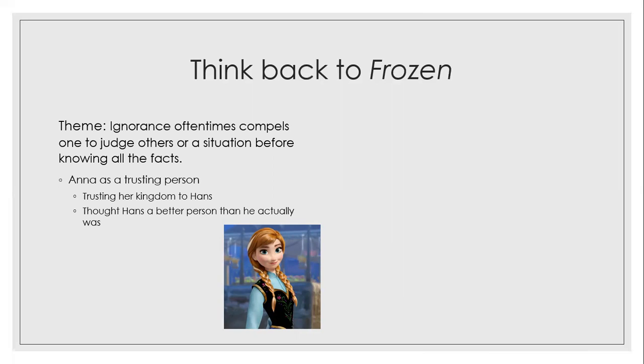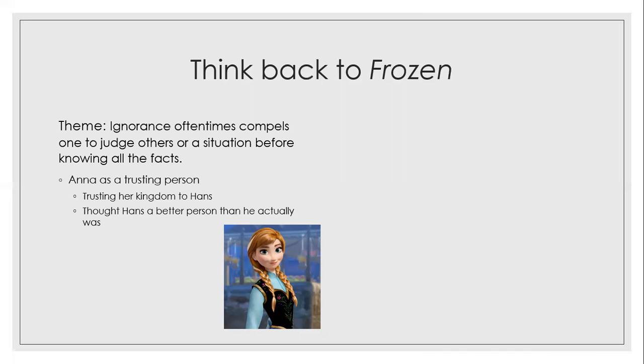So Anna misjudged Hans by thinking he was a better person than he actually was. He had an ulterior motive for why he wanted to marry Anna and why he was so willing to just jump right into this marriage. Completely different reasons. But he ended up being the bad guy. Anna thought he was a better person than he actually was.